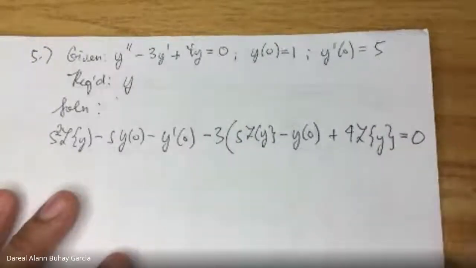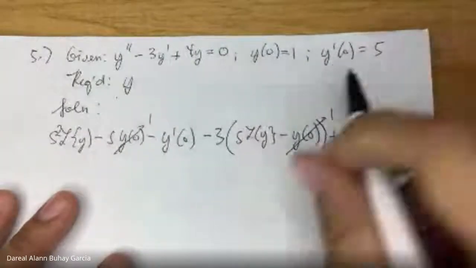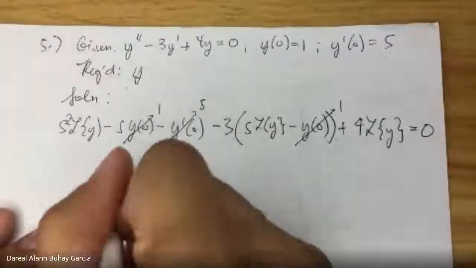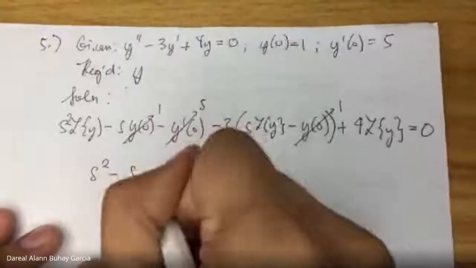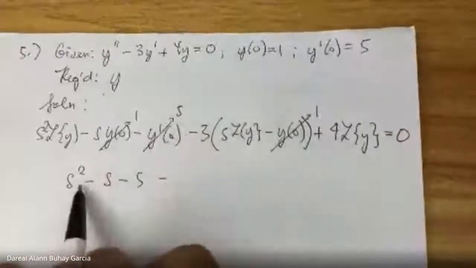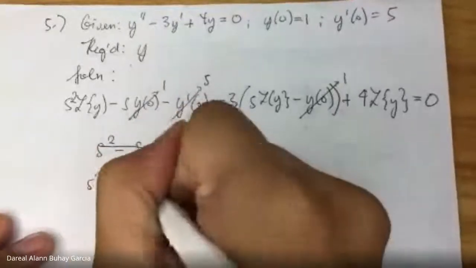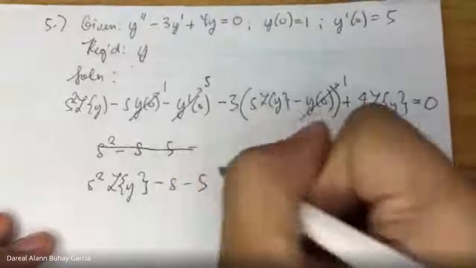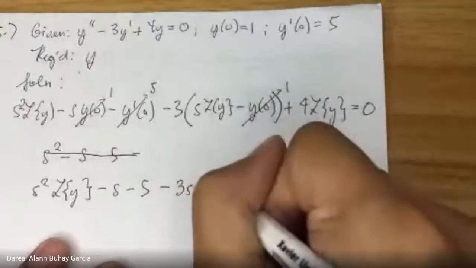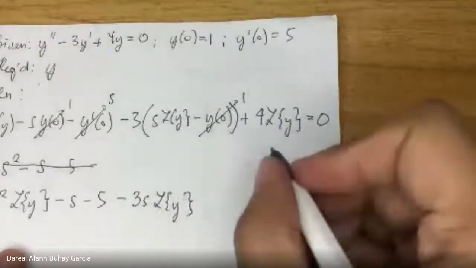Kani sila mahimo nig 1. Kani 5. So this becomes s squared Laplace of y minus s minus 5, minus 3s Laplace of y, minus 3, plus 3.